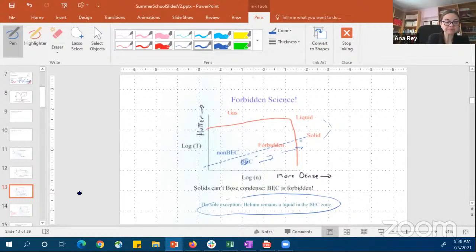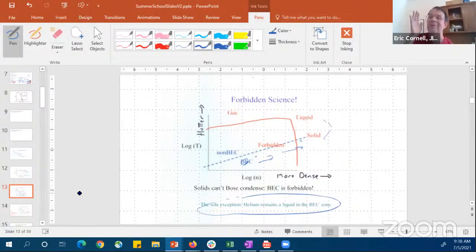Eric, I think there is a question. Go ahead. Yeah, so I was curious, what gives rise to this very particular behavior for helium? I think it's because it has A, almost the lowest mass, and B, almost the lowest interactions between any two particles. Molecular hydrogen, H2, has a lower mass, but it has much stronger interactions.